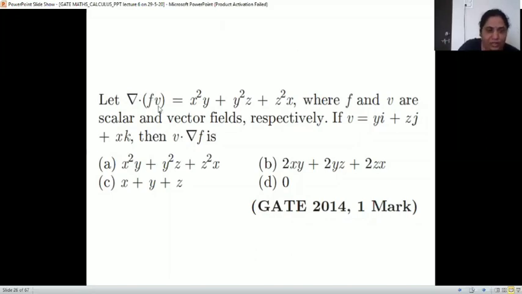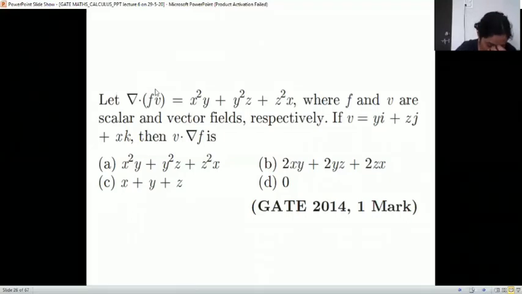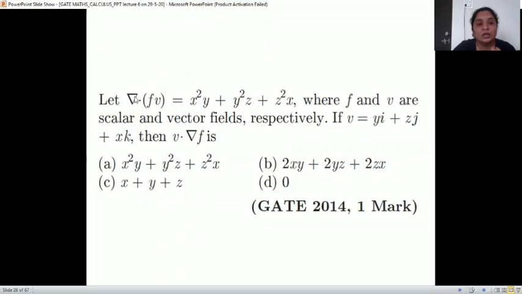Then we leave this outside and take the dot product with this. That is del f dot v bar plus f into del dot v bar. That is the formula. Del dot f v bar is equal to del f dot v bar plus f into del dot v bar.